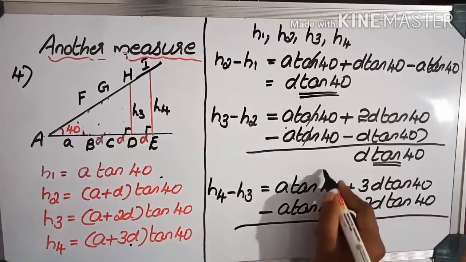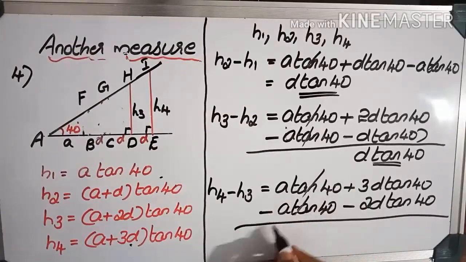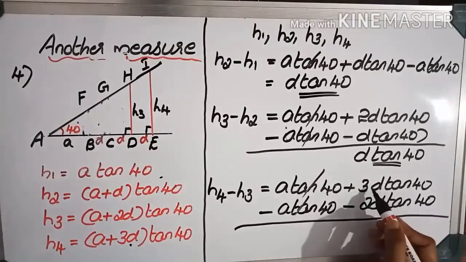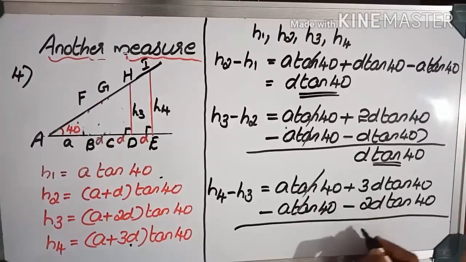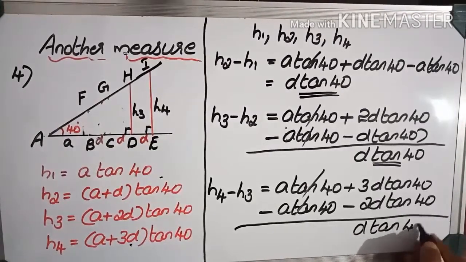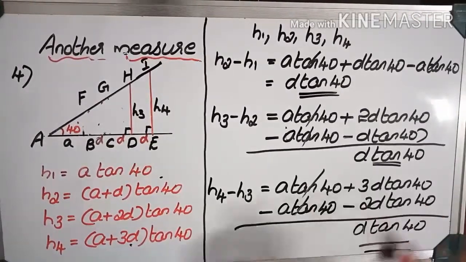Now subtraction. This and this cancel, plus and minus A tan 40. Now from 3D tan 40 we have to subtract 2D tan 40. So 3 minus 2, 1. That is D tan 40. So for the third case also we got the difference as D tan 40.